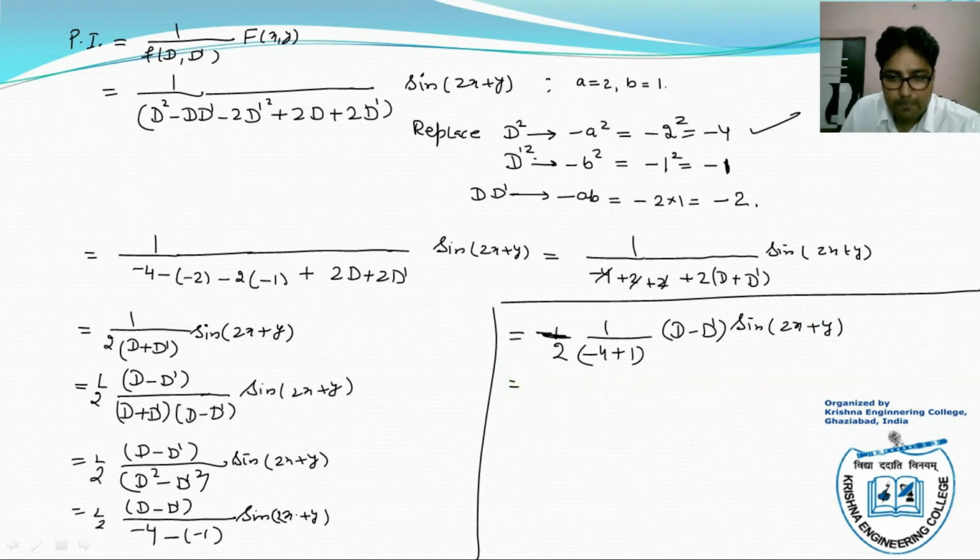This becomes minus 3, so this becomes minus 1 upon 6.